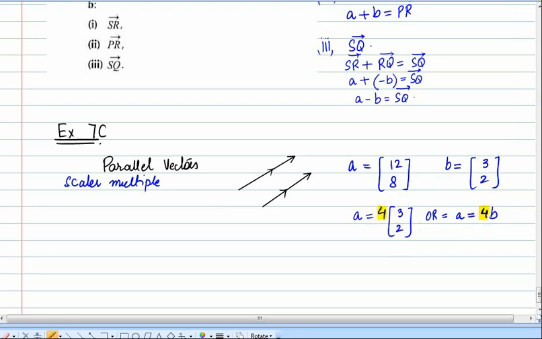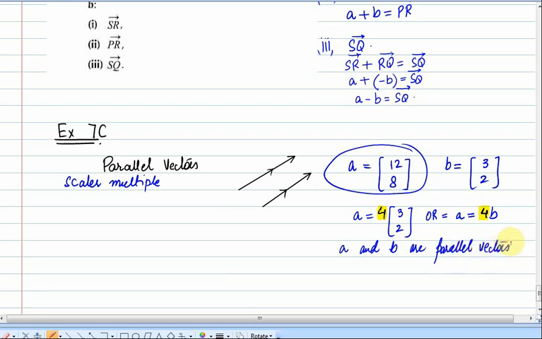That means when you multiply your vector by a constant and your original vector appears, both vectors are parallel. Scalar multiple means multiplying your vector by a constant. So A is equal to 4B, it means that A and B are parallel vectors.